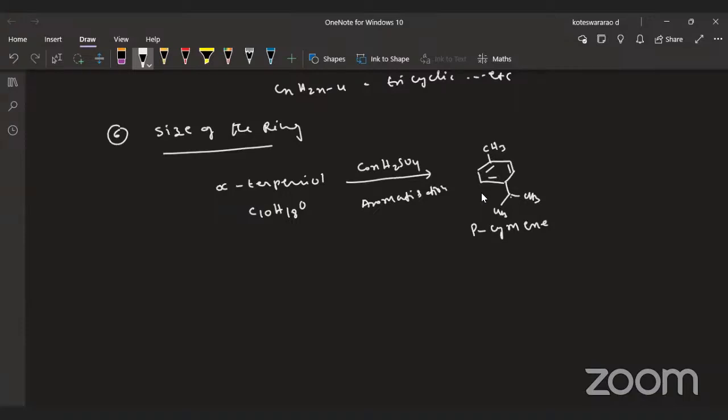Right? These three conclusions you need to write here. Paracymene is a known structure.